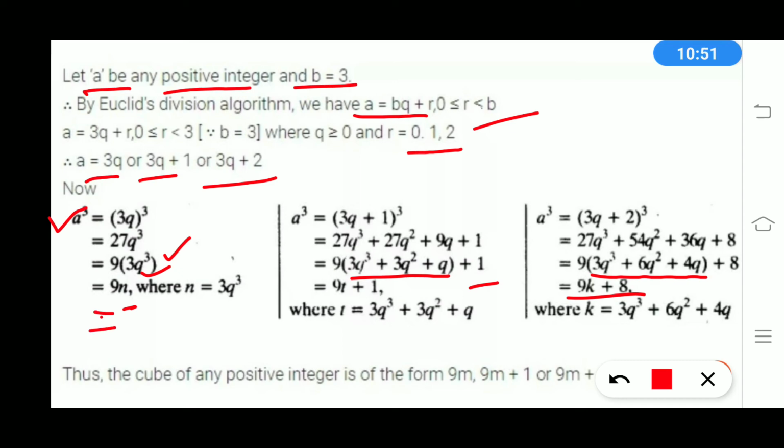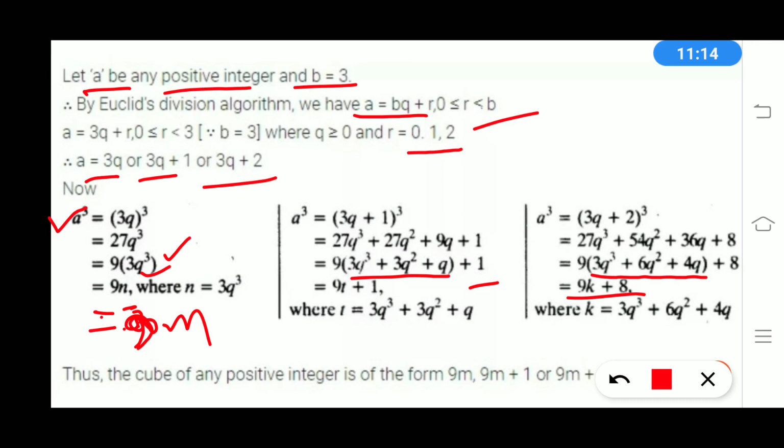Okay students, if you write directly 3 into 3q cube, that means 9 into 3q cube, directly 9m, where m equals 3q cube. And here 9m plus 1, where m equals 3q cube plus 3q square plus q, this is also right.